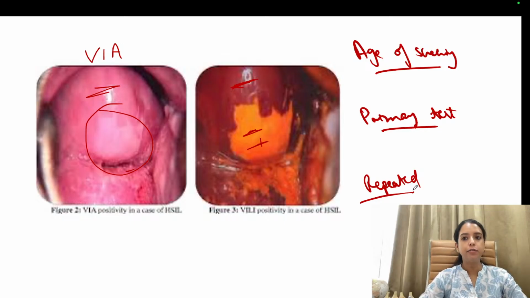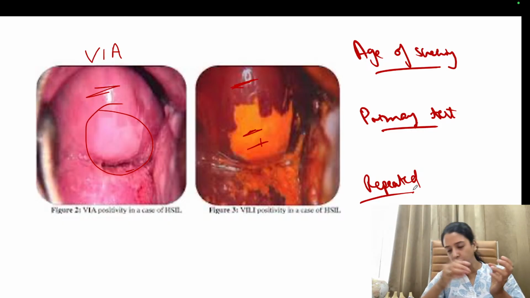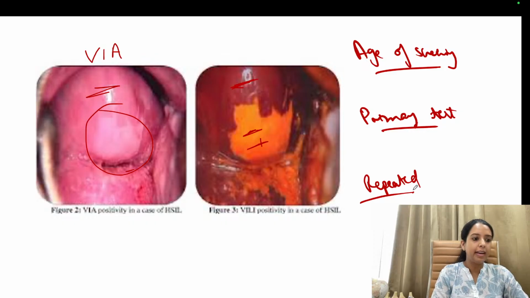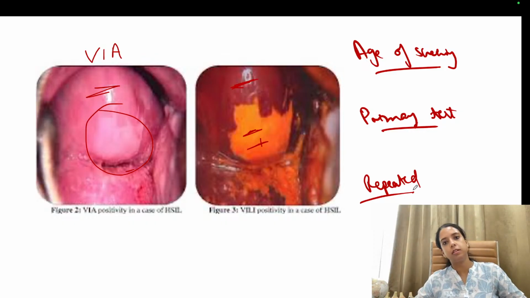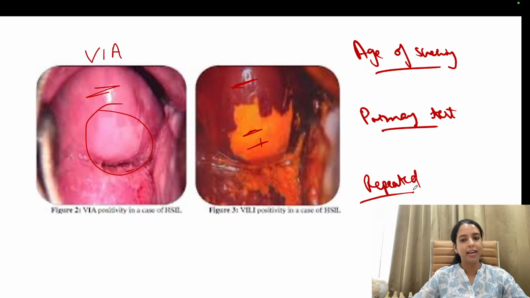See, starting the age of screening, कोई range तो हो ही नहीं सकती. When do you start? I mean, how can it be a specific range when I'll start screening? It cannot be a range. At what age should the screening be started? What is the primary test? And how often should it be repeated? Okay.